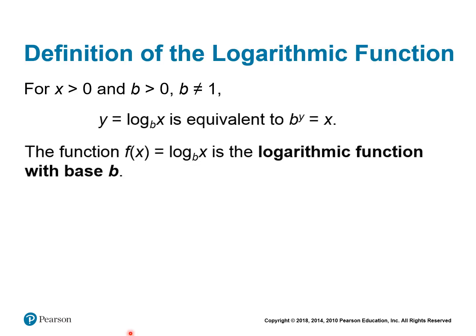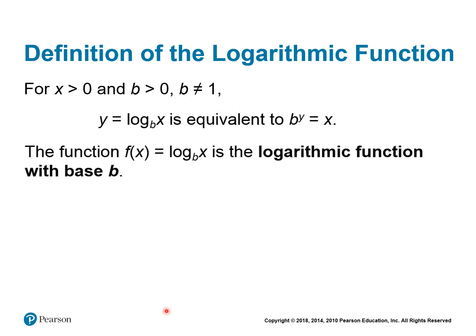Now let's go on to defining what a logarithmic function is. It's easier to define logarithms with reference to an exponent. So here we have an exponential form. I'm going to start with the exponential form and convert it to the logarithmic form, explaining the relation between the two.